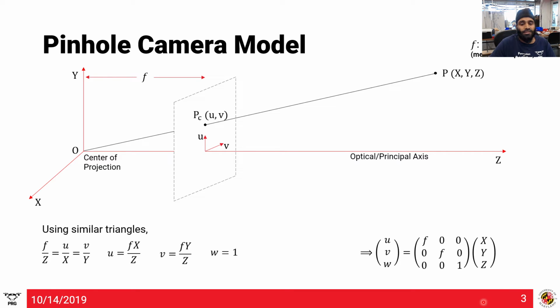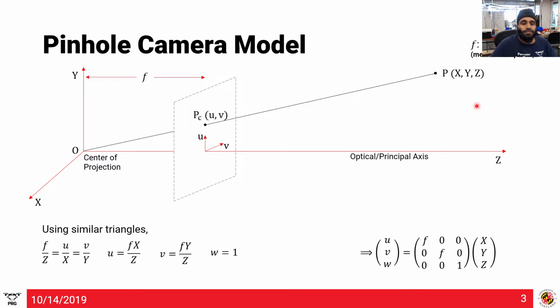Okay, moving on. Let's see how the pinhole camera model works. You have a point P in space. This is a 3D world point, which is denoted by capital X, Y, Z. In computer vision, when I talk about capital X, Y, Z, it's always in the 3D world coordinate system. When I talk about small u, v, or small x and y, it's in a projected schema or on the image plane.